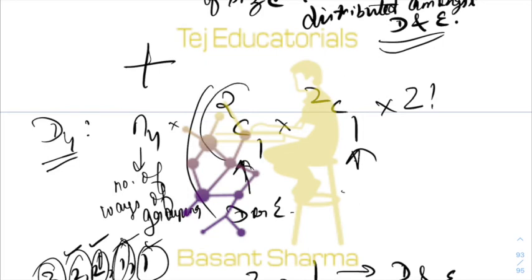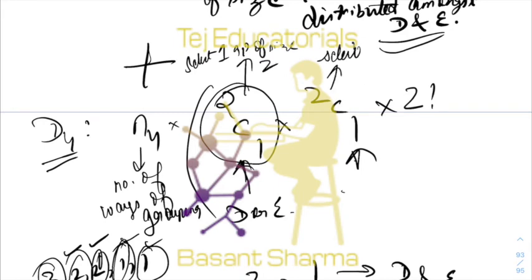This is selection: select one group of size 2, select one group of size 1. Now you have two groups in your hand, one of size 2 and one of size 1.